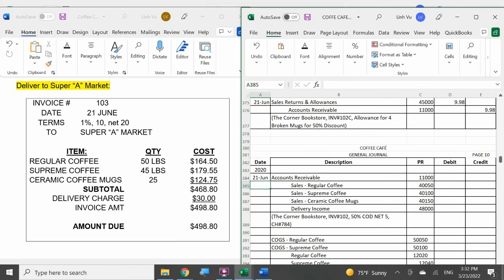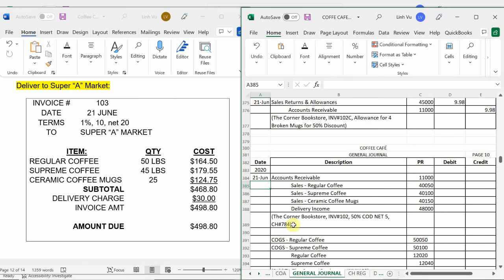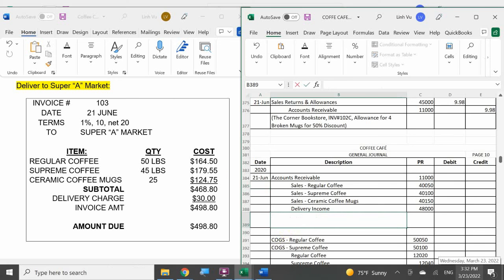Right? We got the accounts receivable. We sold regular coffee to them. We sold Supreme Coffee, and we also sold ceramic coffee mugs, and we charged them a delivery fee. Okay? Only difference is this is Super A Market. Okay?